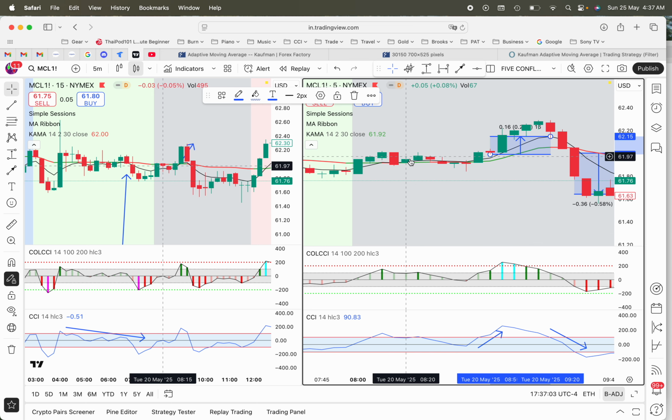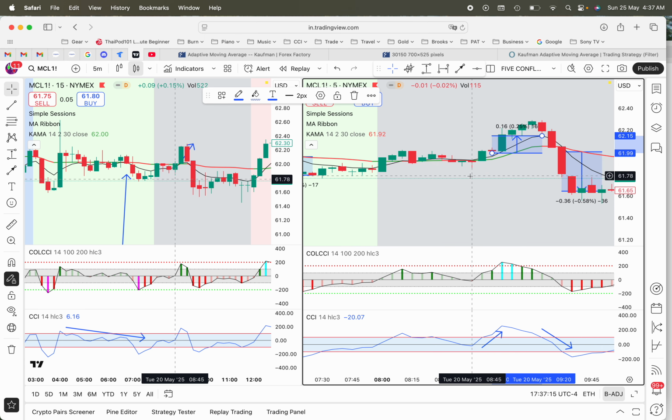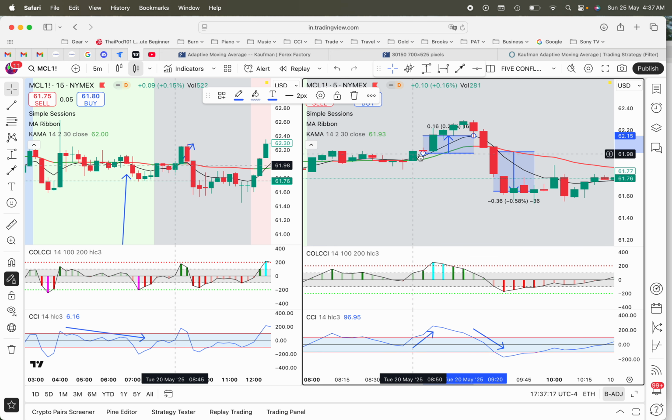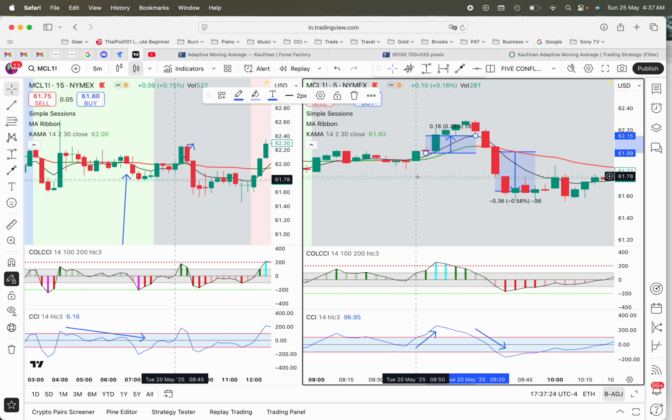See here on the 5 minute, you can just see it's above. Have a look at the 15 minute, it's still below, and it's at that point where they almost intersect that there's a potential trade, and up it went.